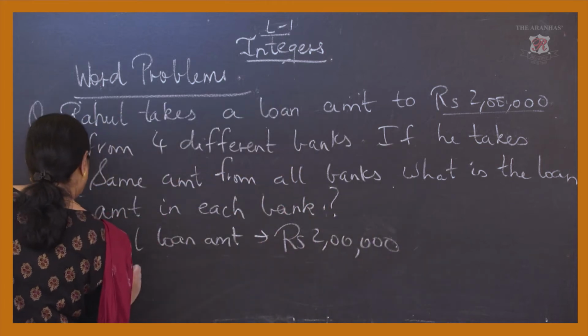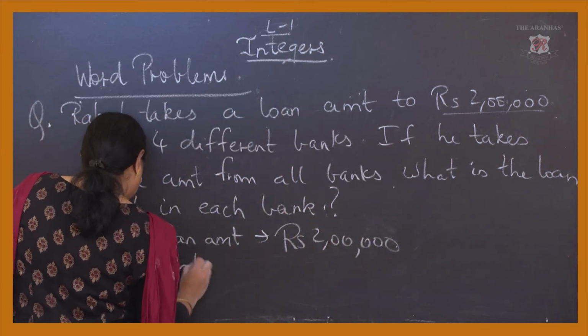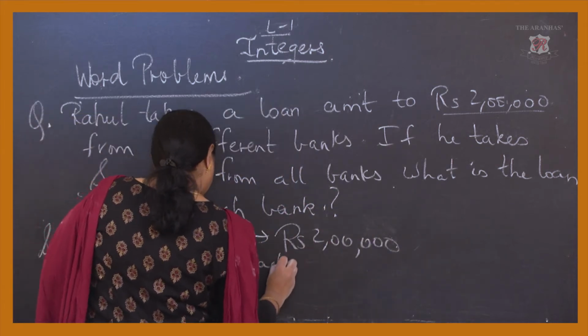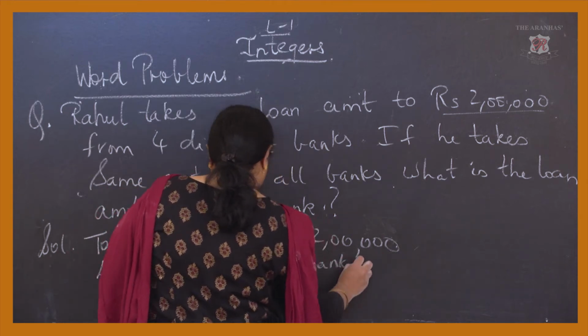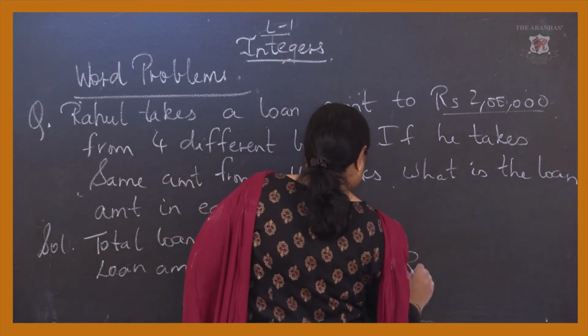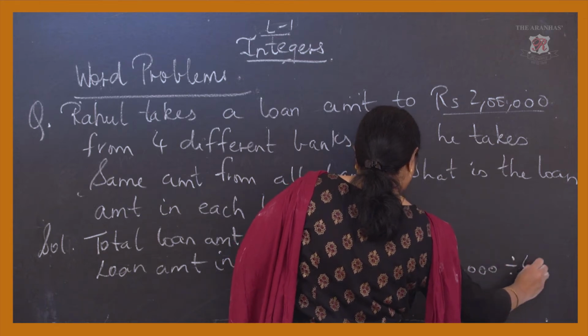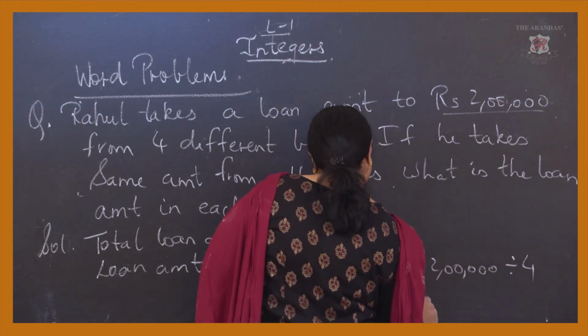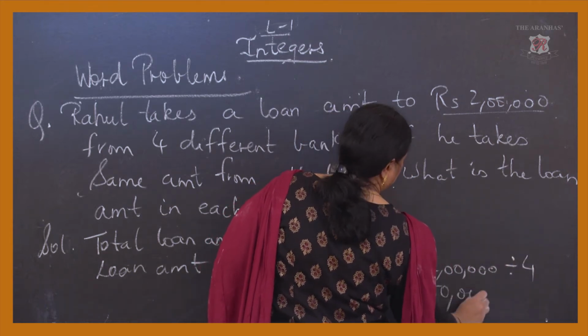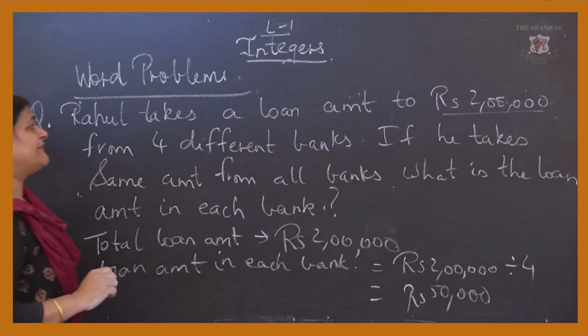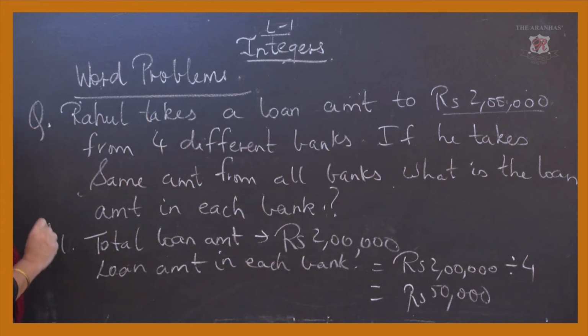Now, loan amount in each bank will be what? Rupees 2 lakh divided by 4, which will be rupees 50,000. See, I have given a sum that Rahul takes a loan amount of rupees 2 lakhs from 4 different banks.